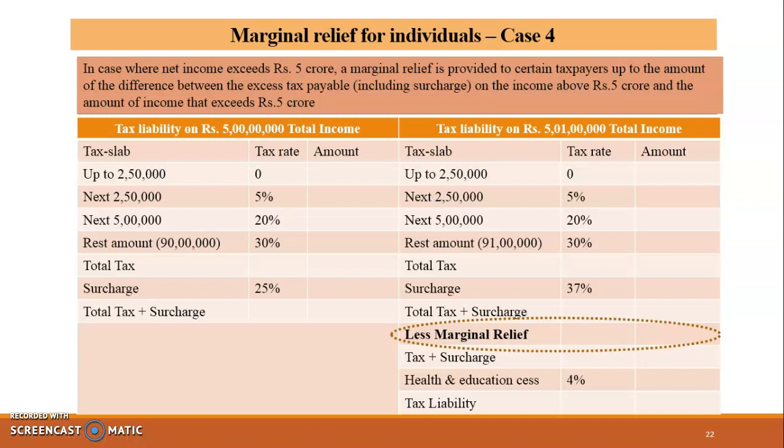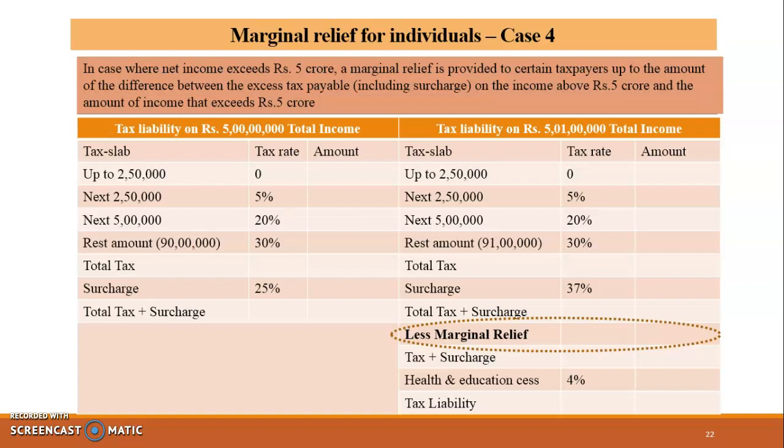Also make note that whenever your calculated marginal relief comes out as a negative figure, it means you don't have to provide any relief to the individual. It means the tax liability of the person is accurate and the person has to pay the extra amount to the government, since the surcharge is not greater than the exceeded income.